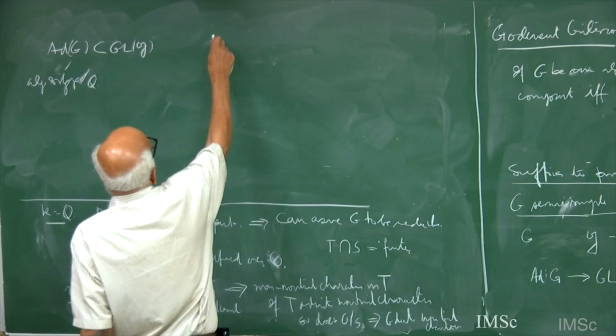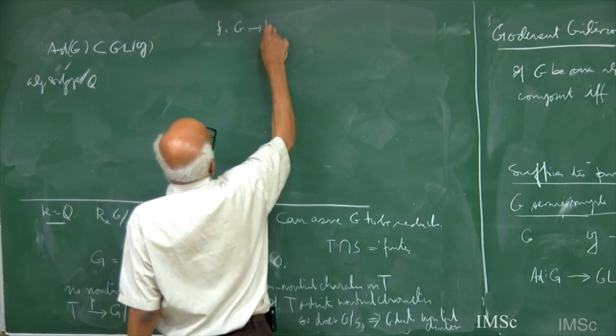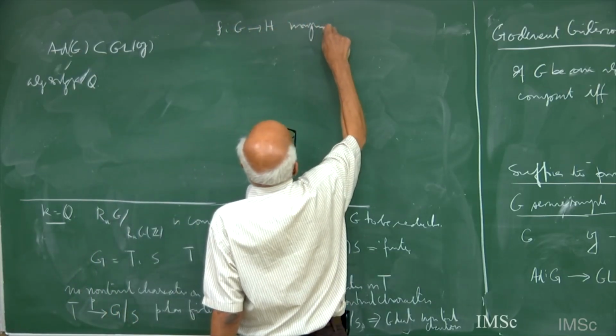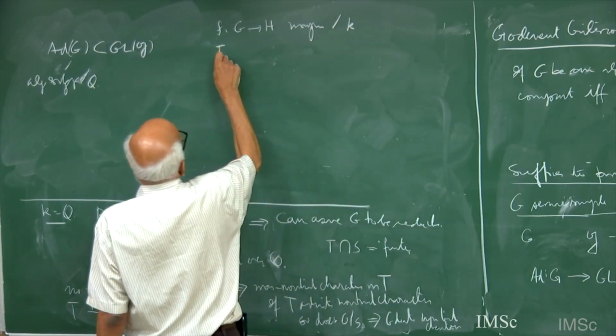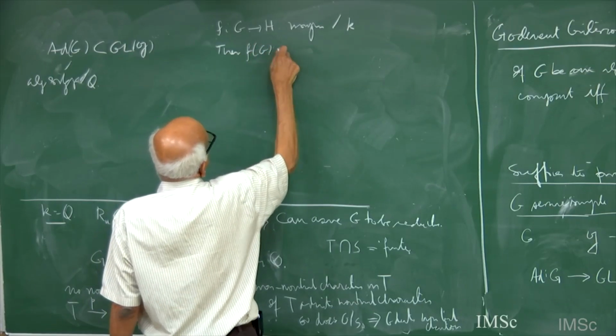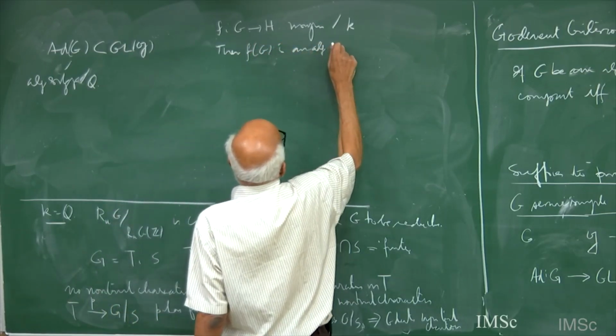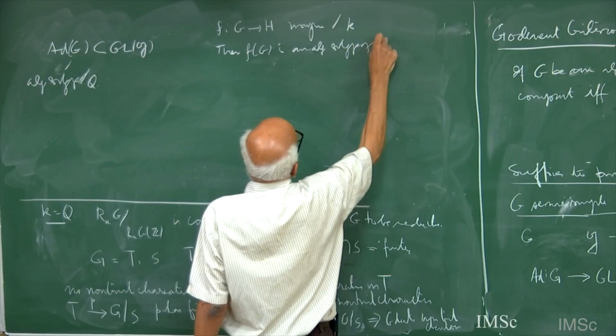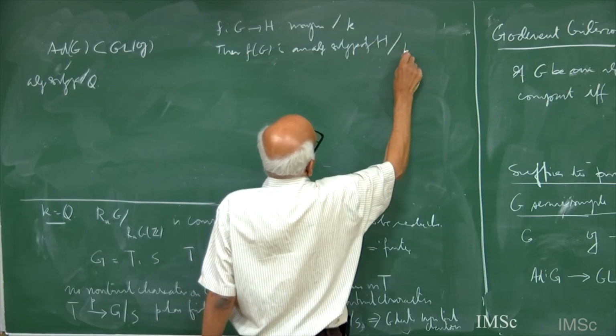So if f: G to H is a morphism over a field K, and I'm always talking about characteristic 0, then f(G) is an algebraic subgroup of H over K.